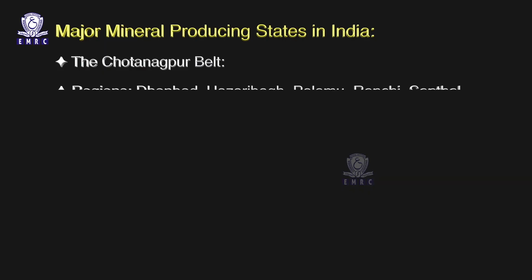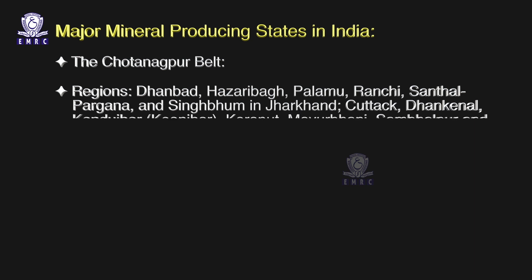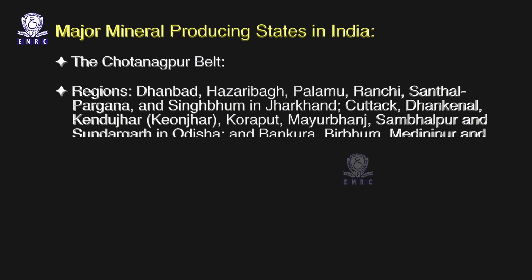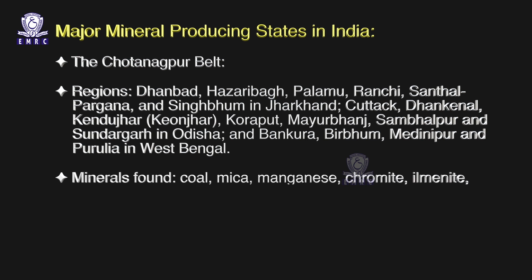The Chota Nagpur belt. The regions included here are Dhanbad, Hazaribagh, Palamu, Ranchi, Santhal Pargana and Singhbhum in Jharkhand; Cuttack, Dhenkanal, Kendujhar, Koraput, Mayurbhanj, Sambalpur and Sundargarh in Odisha; and Bankura, Birbhum, Medinipur and Purulia in West Bengal.